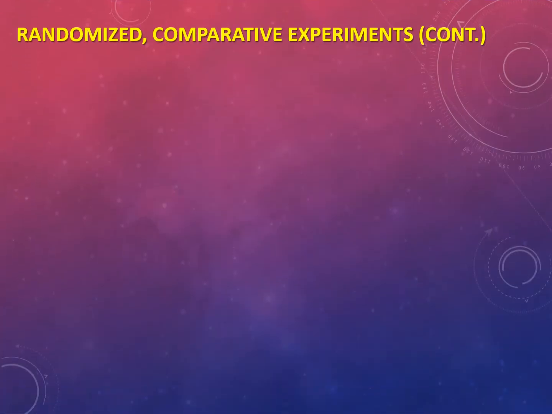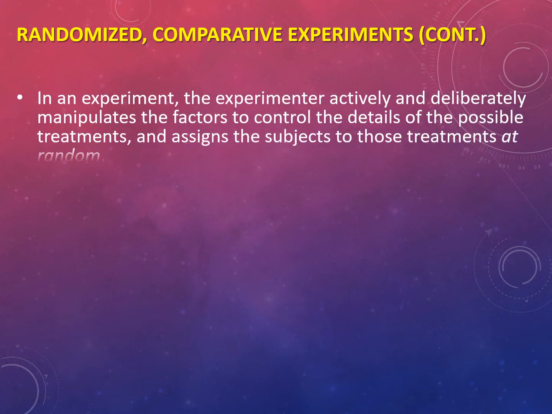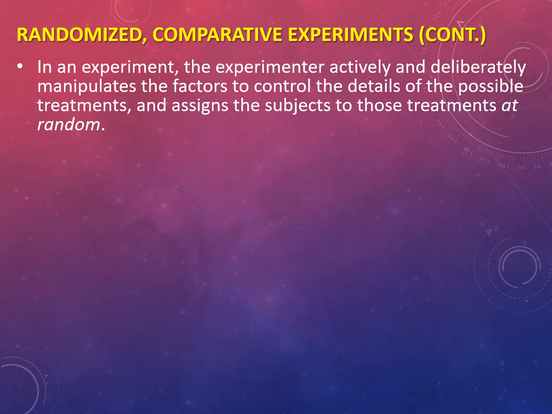So going a little bit further into this, for a randomized comparative experiment, what we're really doing is we first have this level of manipulation. In order for something to be an experiment, the person or the group conducting the experiment has to have some level of control.